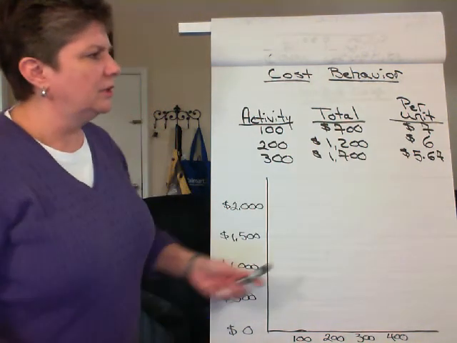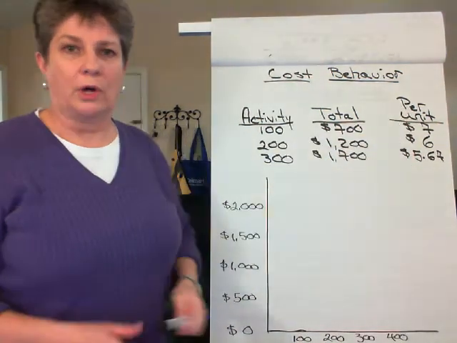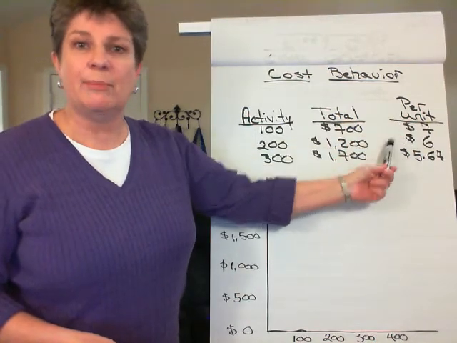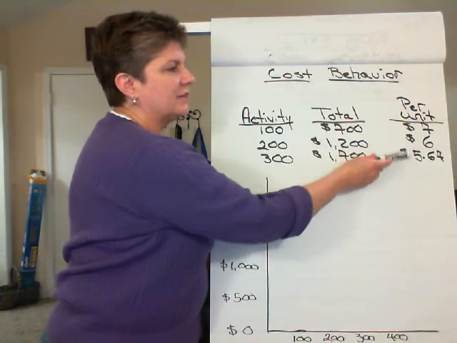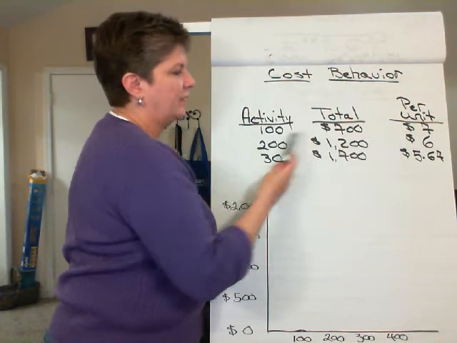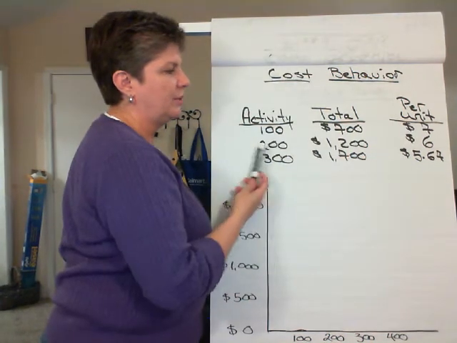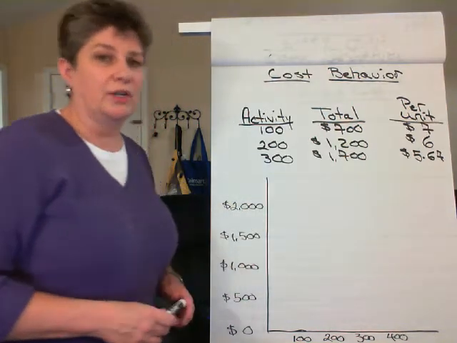Now, let's also look at the per unit information. If this were a purely variable cost, that per unit cost would be the same at each of the three activity levels. But we notice that it isn't the same. It goes from $7 per unit at 100 units to $6 per unit at 200 and to $5.67 at 300 units.